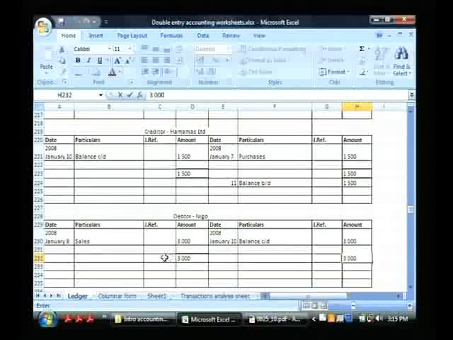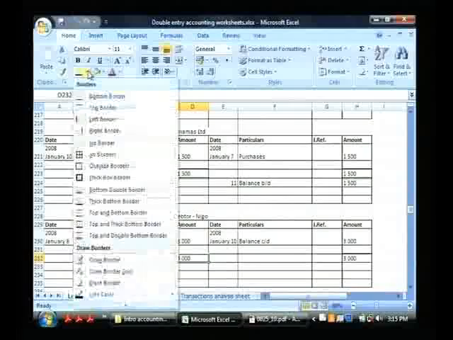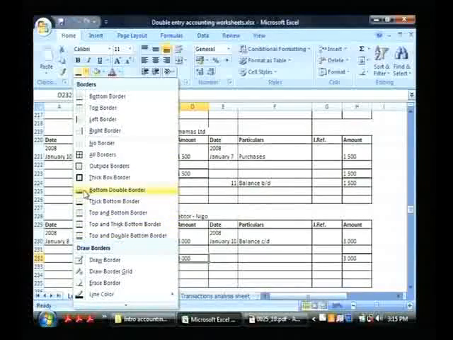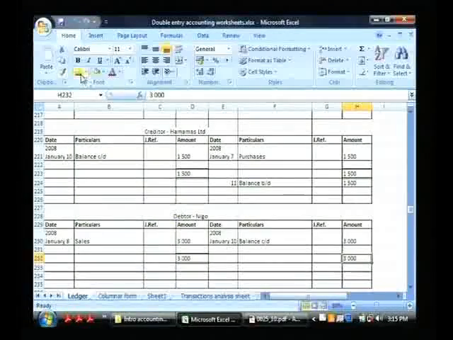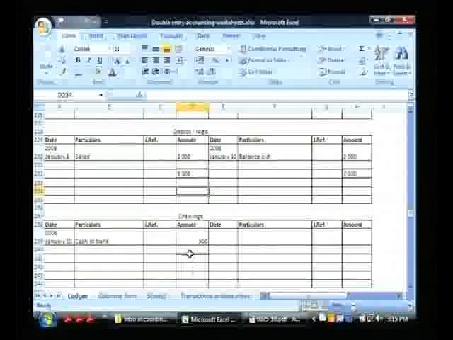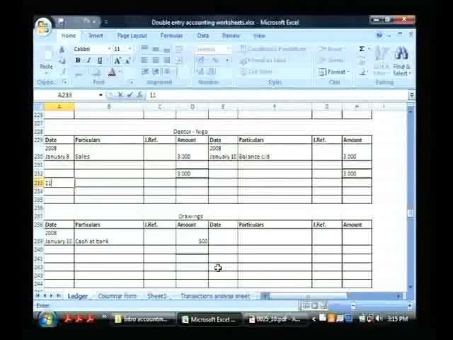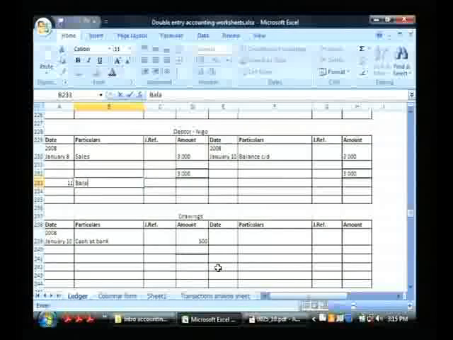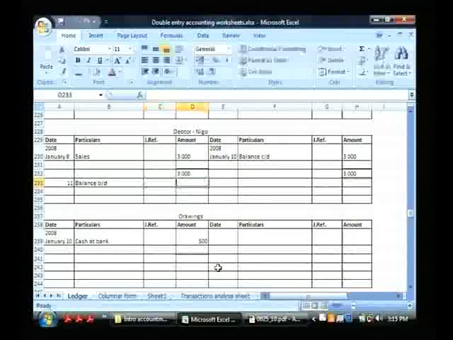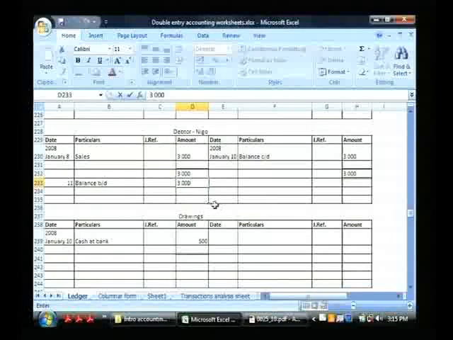Next, double line. Drawings. Oh, before that we have to record the brought down balance. Balance brought down 3,000. Negos account and the drawings account.